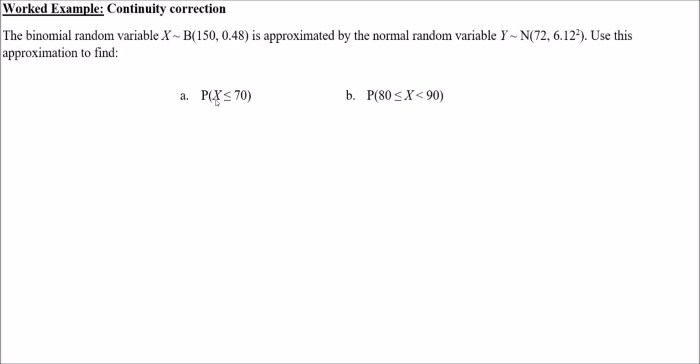Use this approximation to find the probability that X is less than 70 first of all. So for A, the probability that big X is less than 70 is approximated by the probability of big Y being less than or equal to 70.5.